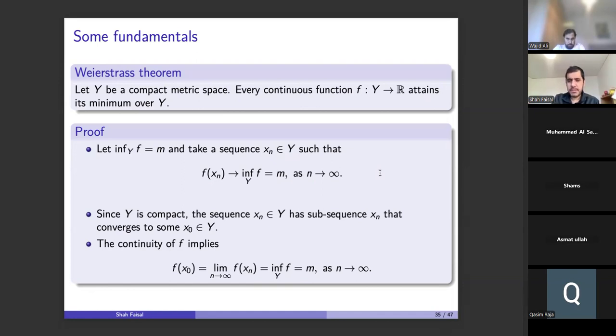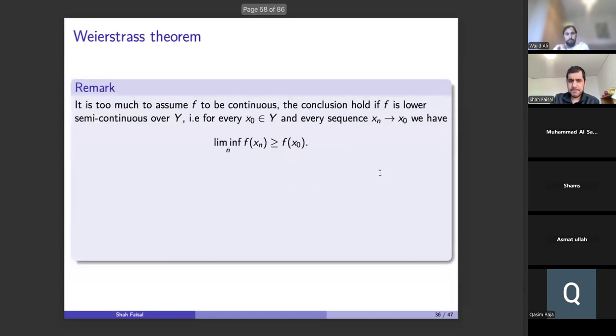Okay. Now here actually the continuity is too much. You don't need the function to be even continuous, by the way, in the Weierstrass theorem. If you just assume that the function is continuous from the left, meaning that it's lower semi-continuous, that's exactly what it means, then it will attain its minimum.